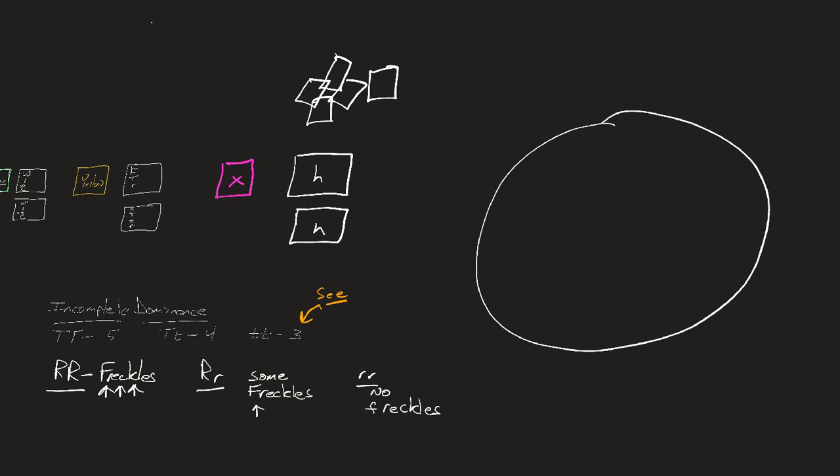Because the only thing you're going to see, you're not going to see the gene, you're going to see whether it's a green chromosome or is it a yellow chromosome? Or there's two yellows and there's two greens.